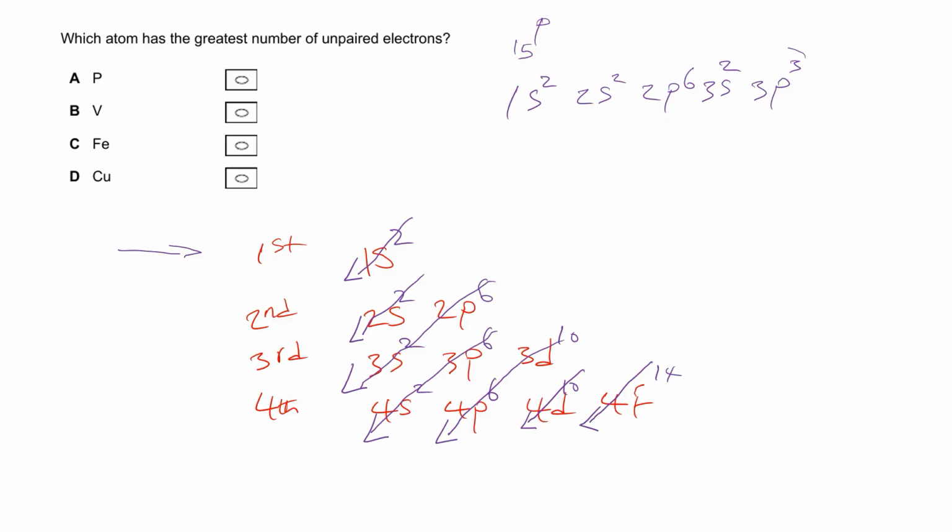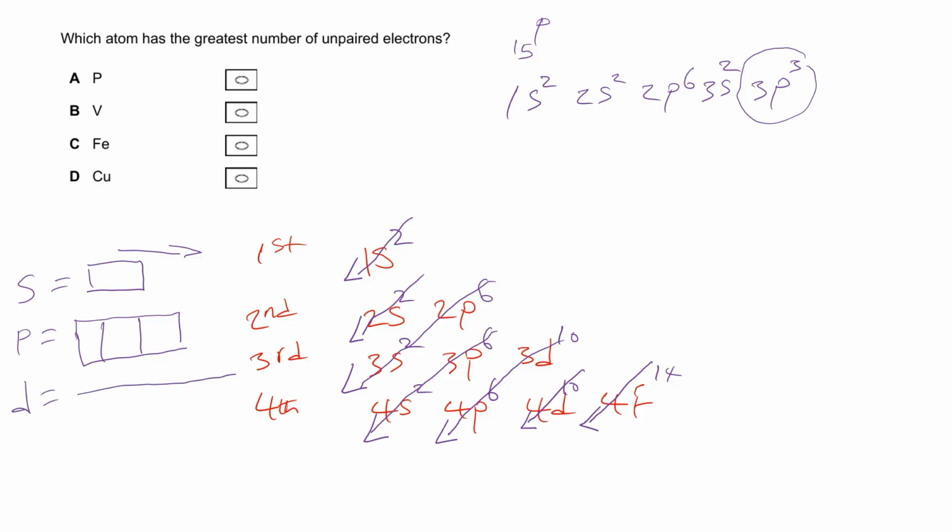Now let us fill this 3p3 into its subshells. Take note, the s orbital has only one subshell. The p orbital has 3 subshells. The d orbital has 5 subshells: 1, 2, 3, 4, 5.